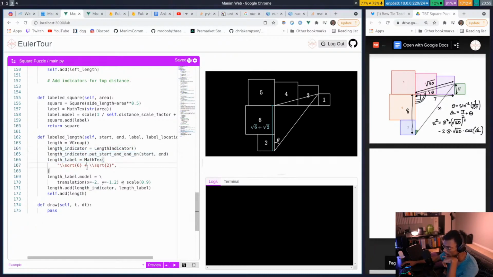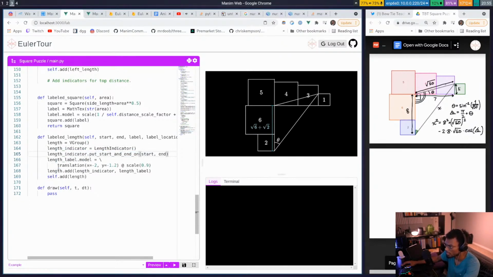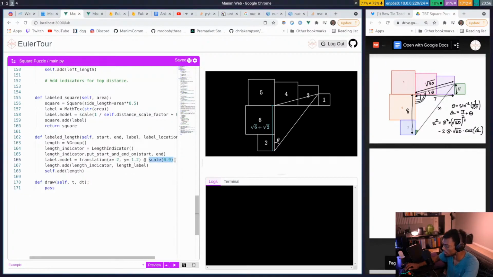I can just do this. The label is already handed to me. So I just want to do label.model equals this translation times whatever it already was.